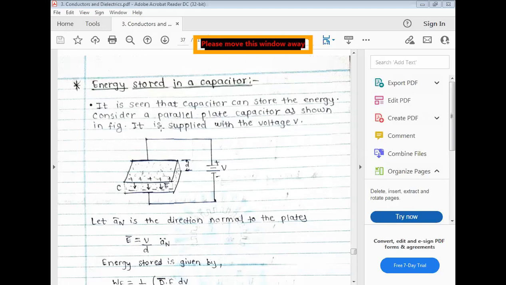Now, we know that the capacitor is used to store energy.